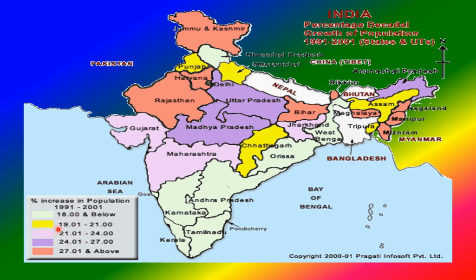Yellow, 19.01 to 21. So this is the data. South India has less population growth and North India has over population growth. Due to various reasons, the main factor is education.